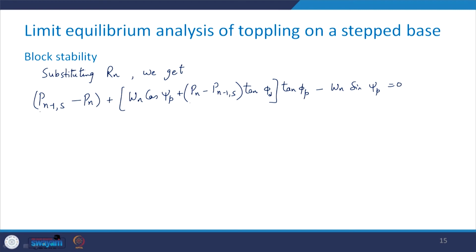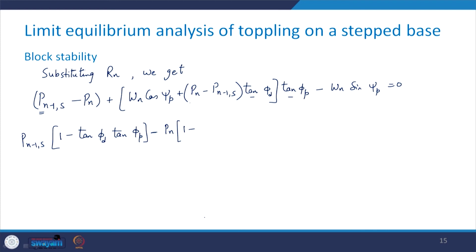Now you take the terms of this Pn minus 1 comma s together. So this is what we are going to get. This will be 1 minus tan of phi d into tan phi p, and minus Pn, again you will have 1 minus, because I have taken the minus sign here.